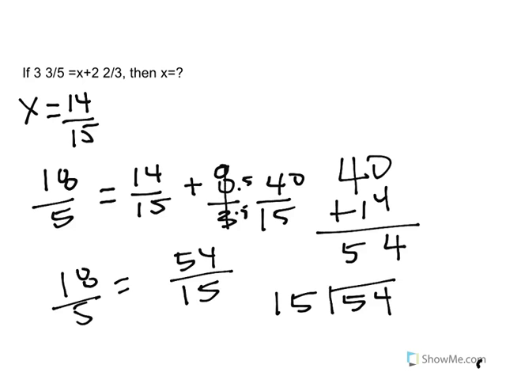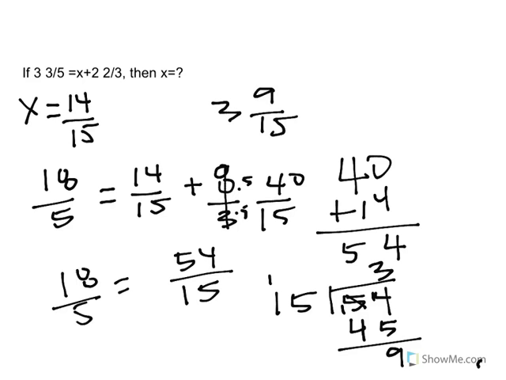Well, it can go in 3 times. 3 times 5 is 15. 3 times 1 is 3, plus 1 is 4. Let's borrow. Simple subtraction problem. And that gives us 9. So that gives us 3 and 9 over 15.